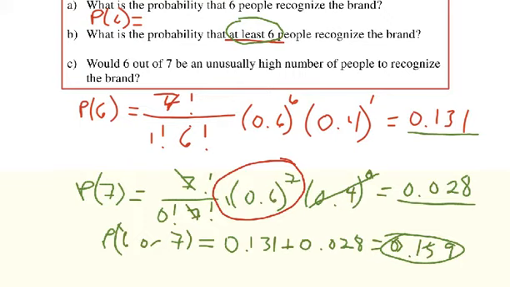So the last thing we'll answer is, would 6 out of 7 be an unusually high number of people to recognize the brand?